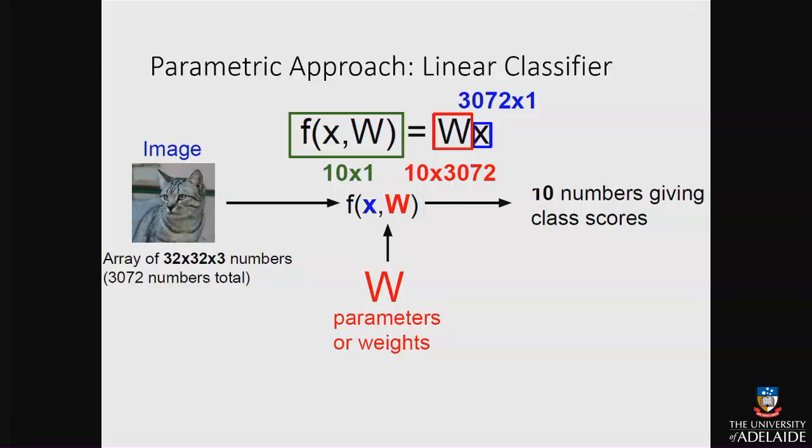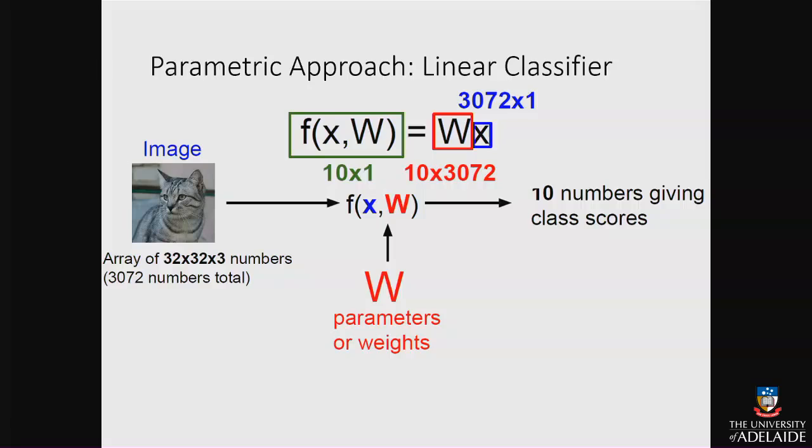And we know the output is 10, right? So we want to output 10 numbers. That means the size of the parameter matrix W needs to be 10 times 3072, because this matrix times this vector gives an output of 10 by 1. This is a matrix multiplication.